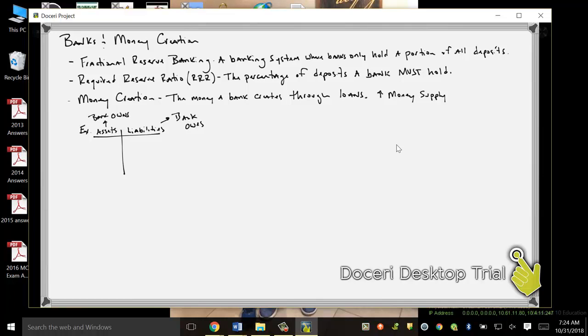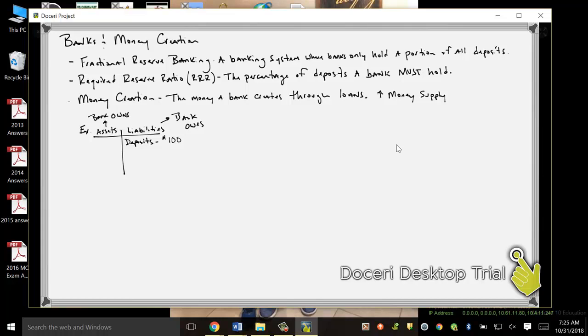So we're going to say in our example that this bank receives $100 as a deposit. Deposits are always going to be recorded as a liability. So we'll put deposit as a liability, and in this scenario, this bank has received $100. And then because this is a balance sheet, whatever shows up as a liability must also show up as an asset.